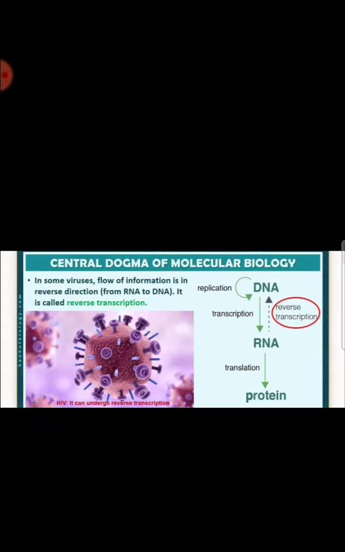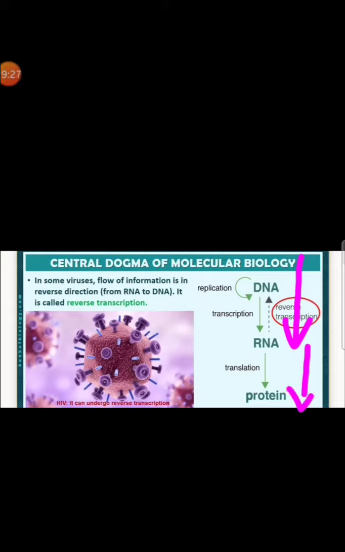In some viruses, the flow of information is in the reverse direction, that is RNA to DNA. It is called reverse transcription. Actually, the genetic information flows from DNA to RNA and then RNA to protein.